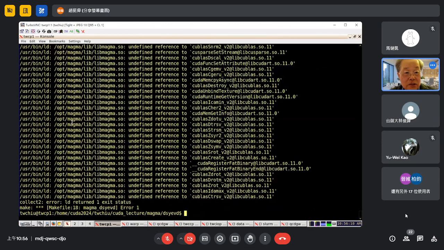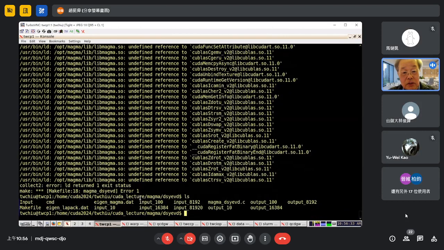So this MAGMA library is still under development, still being compiled. After it's completely compiled, maybe sometime later today, I can make it and run the code again. So the result here is from the test run last year.